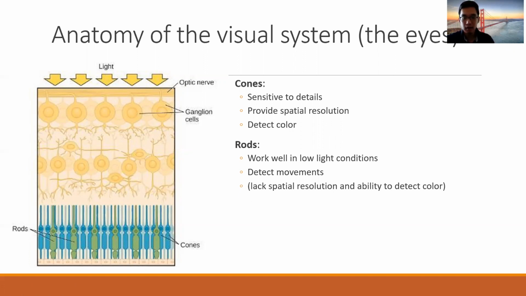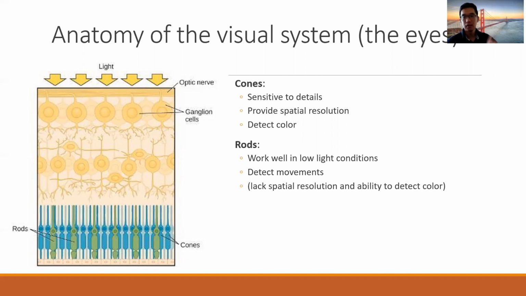Rods can also work well in low light conditions. That's why we can still see something in the dark night. When the environment is so dark, we can still see something because the rods work well in low light. So that's the role of rods.